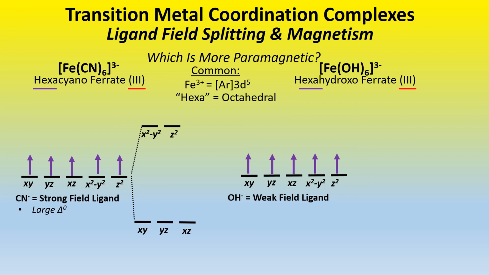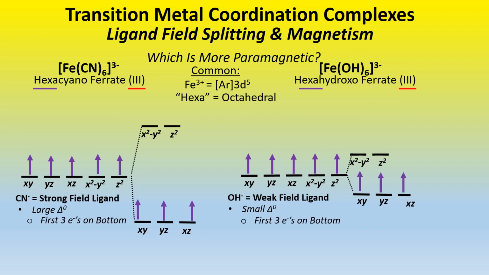On the other hand, OH minus is a weak field ligand, which gives me a small delta zero. With 3 electrons again go on the bottom. So the question, where do the next 2 electrons go?